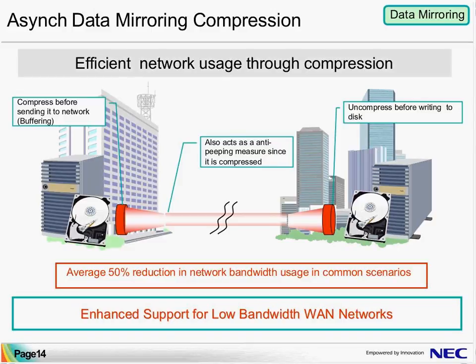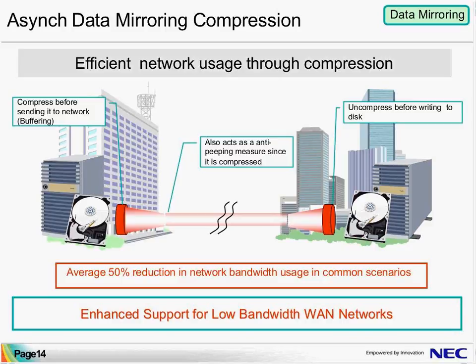ExpressCluster Release 3 has added a further enhancement to allow compression of asynchronous data mirroring, so that you can further reduce the network bandwidth usage when asynchronous data mirroring is used.